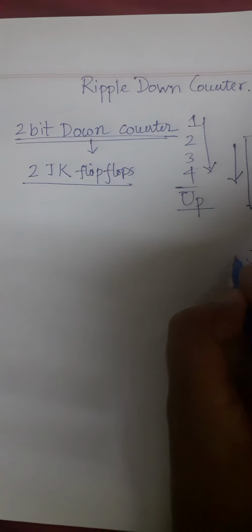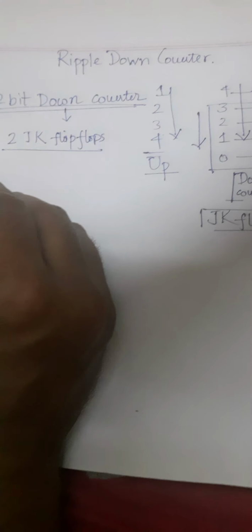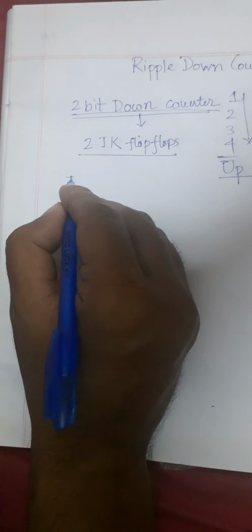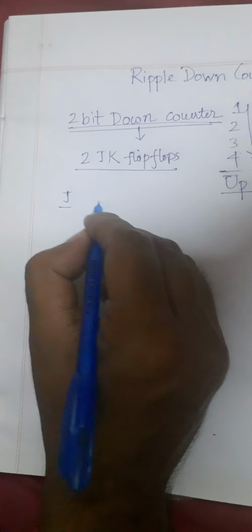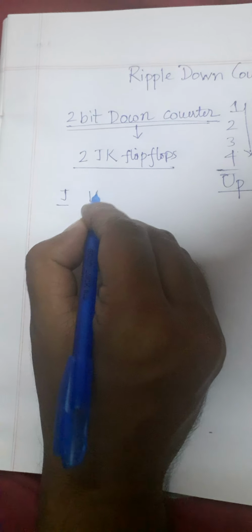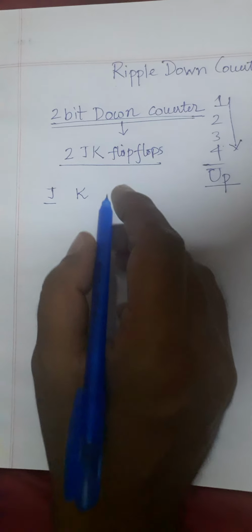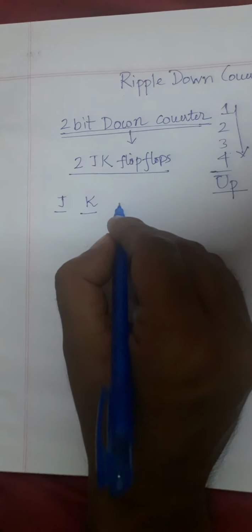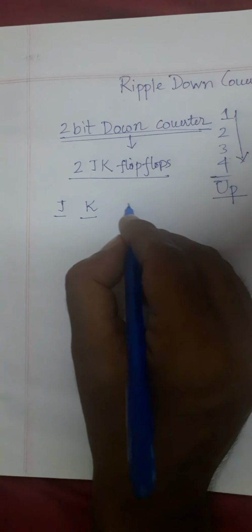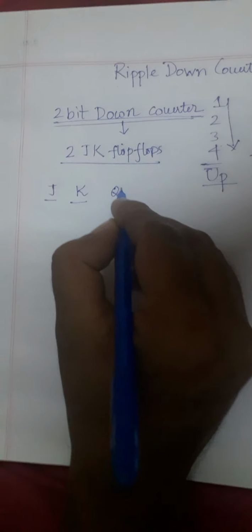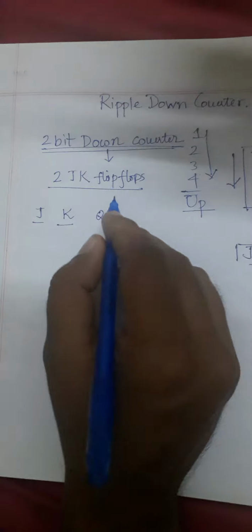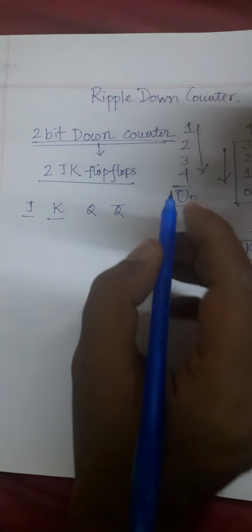And as you can see, in a JK flip-flop there are two inputs. One input is J, another input is K, and as we all know, the output is denoted with Q and there is another output called Q bar.